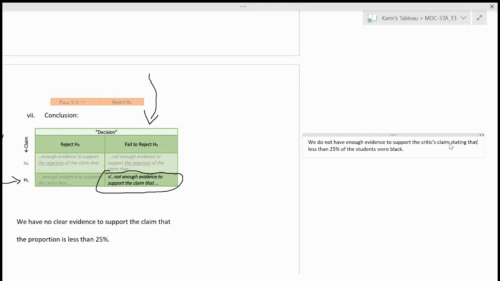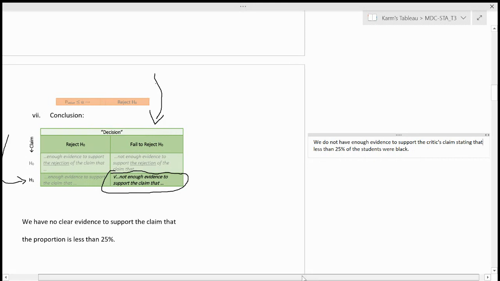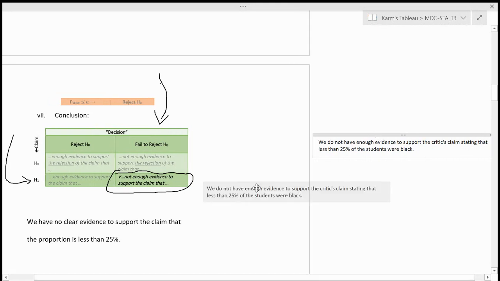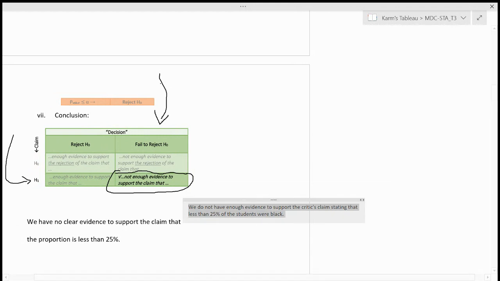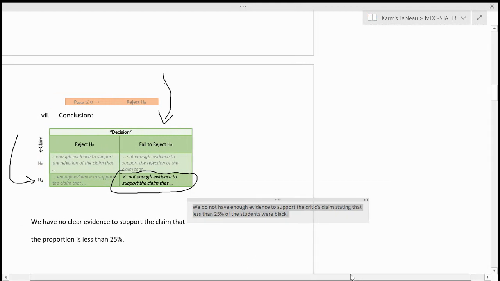Now, my question to you, because you came up to that specific conclusion: was the claim true? Was it a true claim or was it a false claim? Will you consider what the critic was saying as a true claim or false claim?